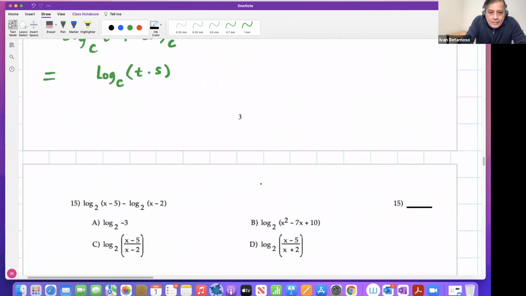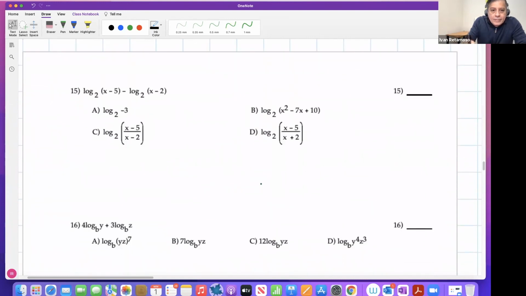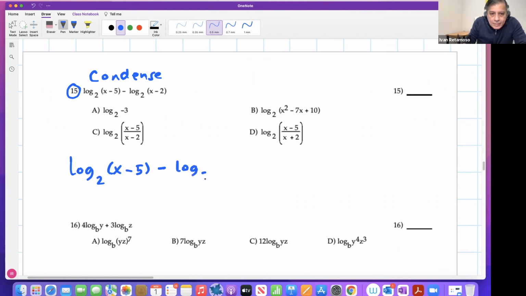Now, this one is very important. Number 15. Can you try this? Condense log base 2 of x minus 5 minus log base 2 of x minus 2. I see a difference. Before it was a sum, now it's a difference.